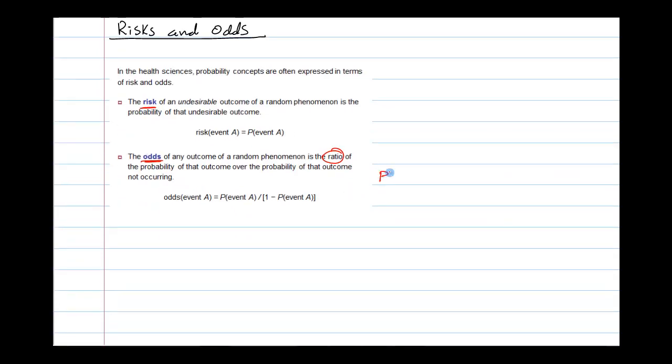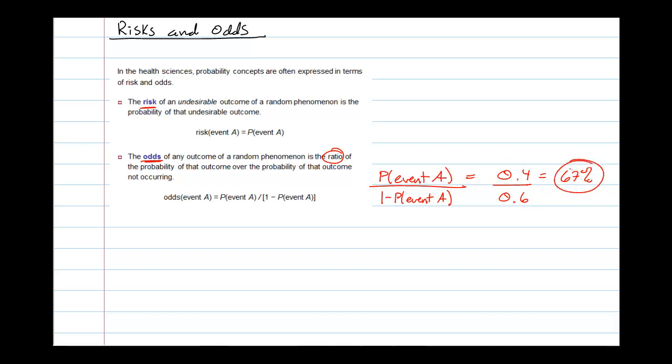The odds of an outcome of a random phenomenon is the ratio. So there's a couple important words here. It's the ratio of the probability of that outcome over the probability of that outcome not occurring. So if we were to talk about the odds then, let's say the probability of event A over the complement, 1 minus the probability of event A. So if the probability of event A was 0.4, the complement of that is 0.6, so this would be 4/6 or 2/3, which is about 67% odds.